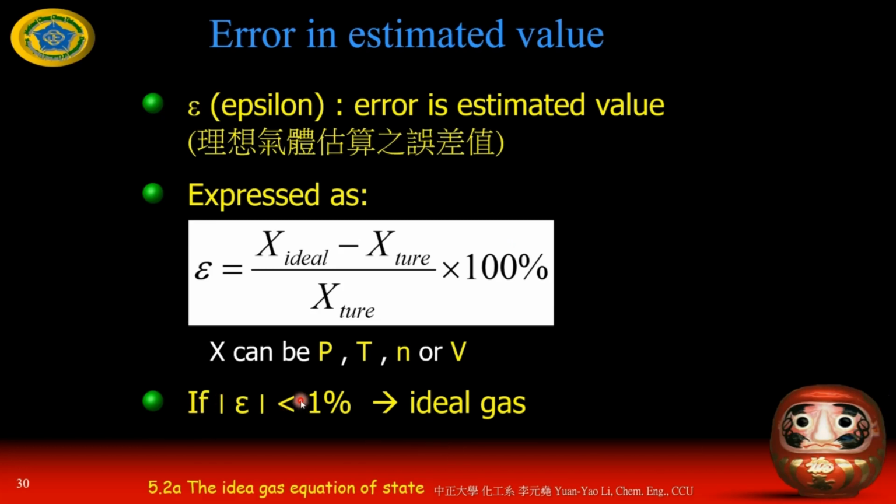Generally, if the absolute value of epsilon is less than 1%, we regard this gas as an ideal gas.